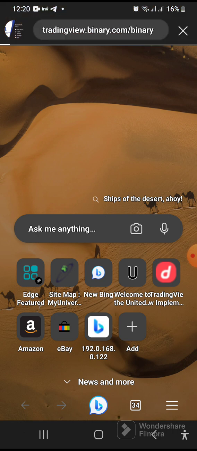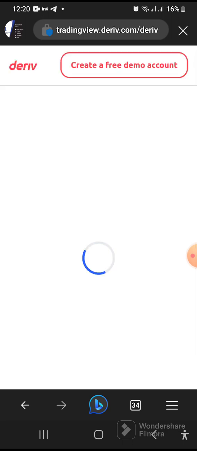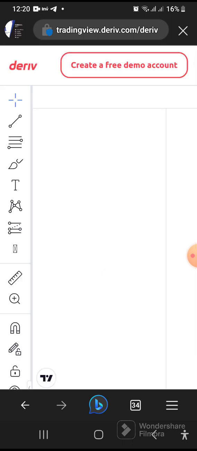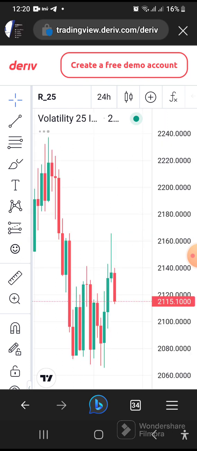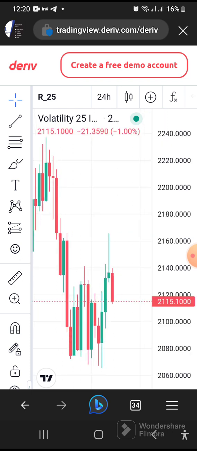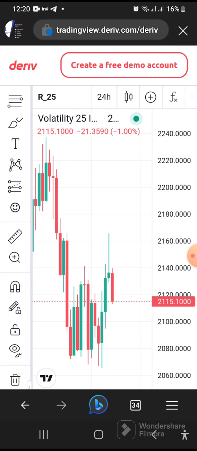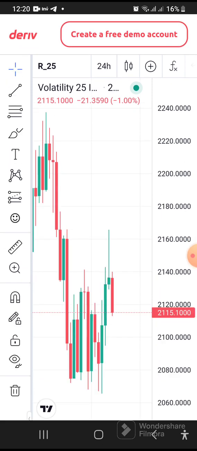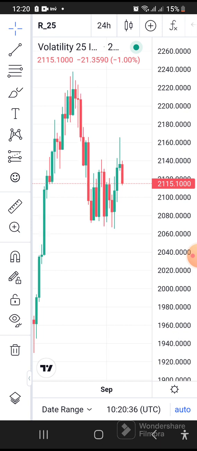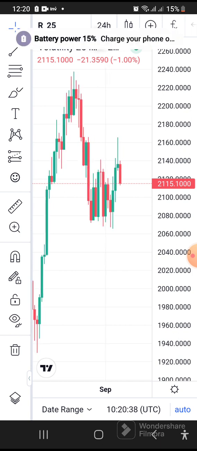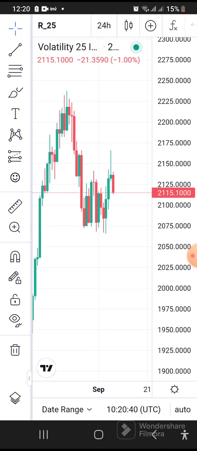So I'm just going to open Deriv Markets, and it takes me to the market side. Once again, this is really simple, not so complicated. You really want to apply this to your everyday trading skill.